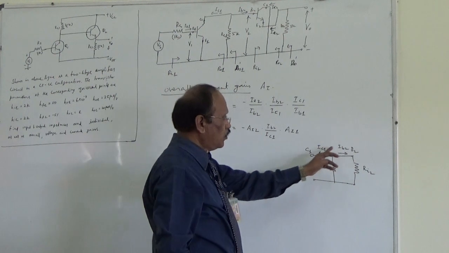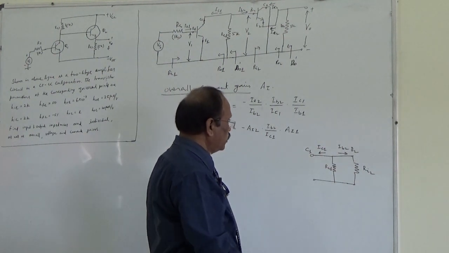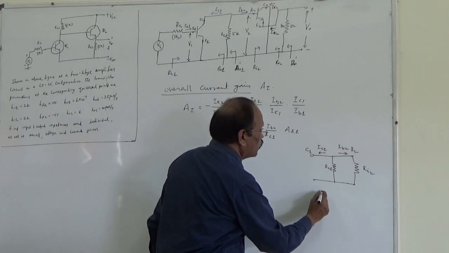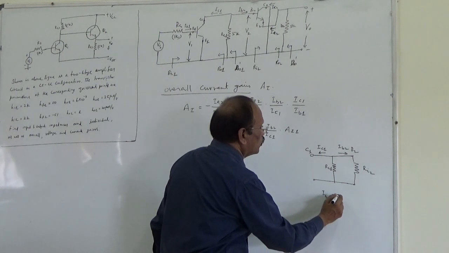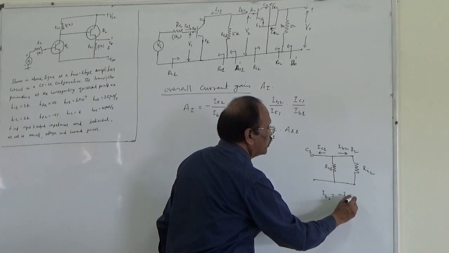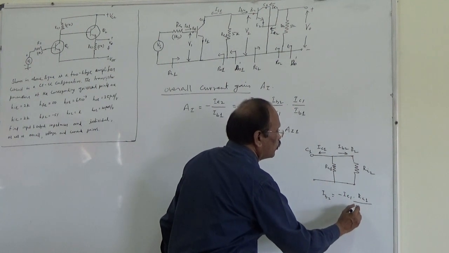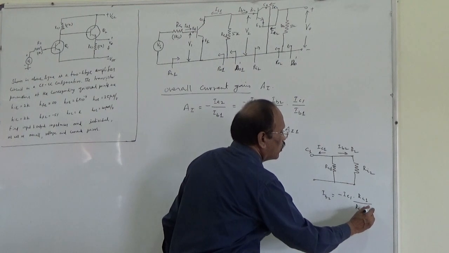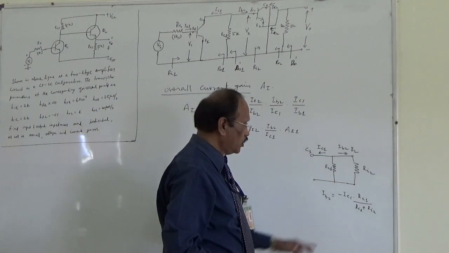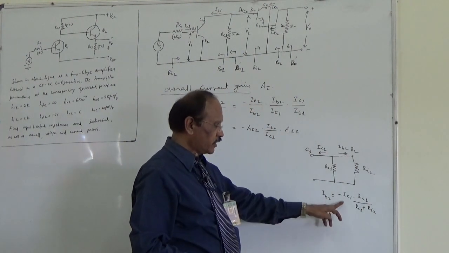So now to find the current flowing through IB2, we can have IB2 is equal to minus IC1 into RC1 divided by RC1 plus RI2. This minus indicates the currents are in the opposite direction.